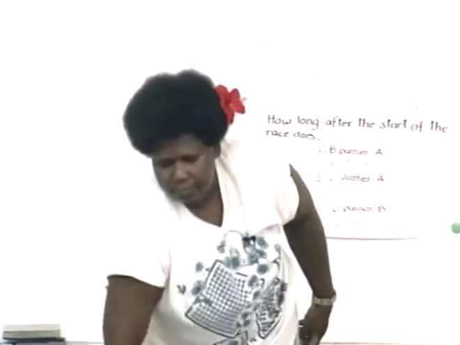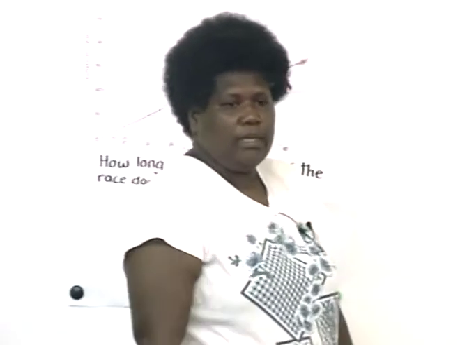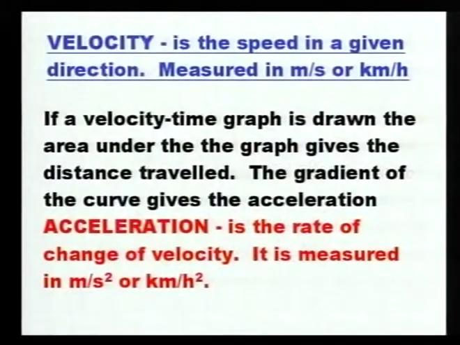Okay, for today's lesson, we are going to look at velocity time graphs. There is a chapter in your book that discusses travel graphs, and it discusses distance time graphs and velocity time graphs as well. So if you go back and check your textbook, you will see this.